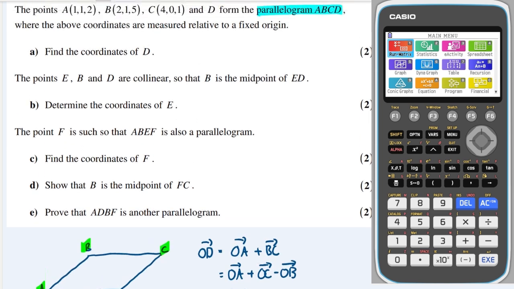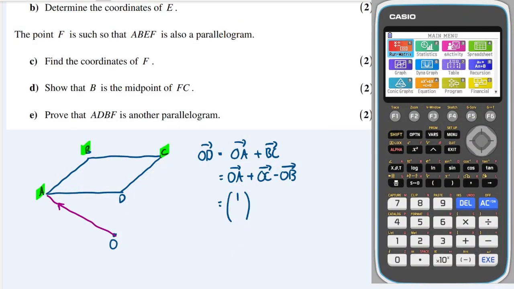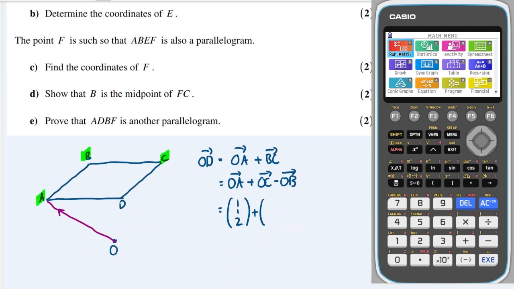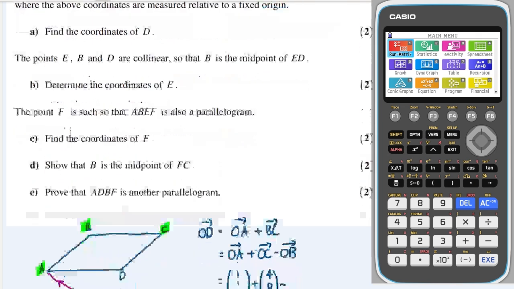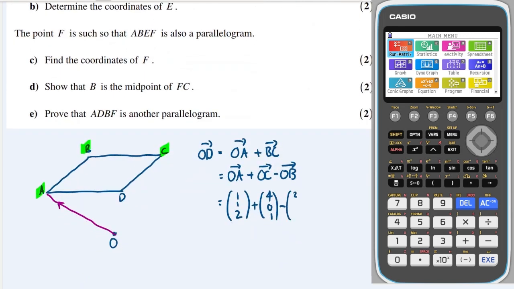Okay, great. So we need A, which is 1, 1, 2. Add OC, which is 4, 0, 1. And minus OB, which is 2, 1, 5. Okay, so what's this going to give me? On top we've got 1 plus 4 minus 2, which is 3. We've got 1, 0, minus 1 is 0.